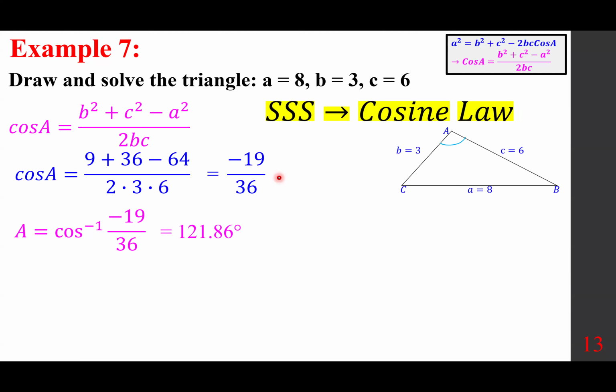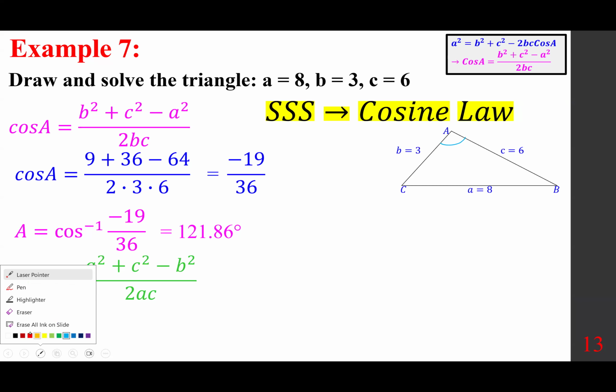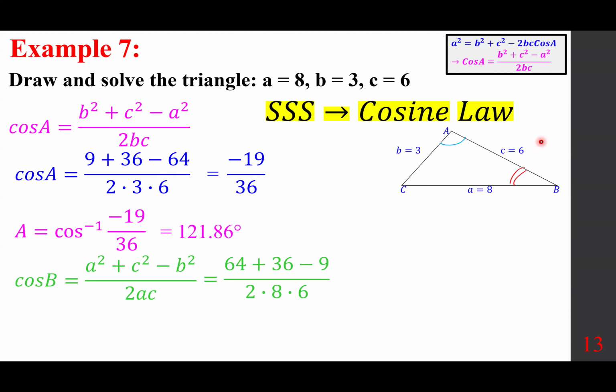Now another one, for example, cosine B is a squared plus c squared minus b squared over 2ac. So this side squared is 64, this side squared is 36, minus this side squared is 9, over 2 times 8 times 6. 64 and 36, 100, minus 9 is 91. 2 times 8 times 6 is 96.